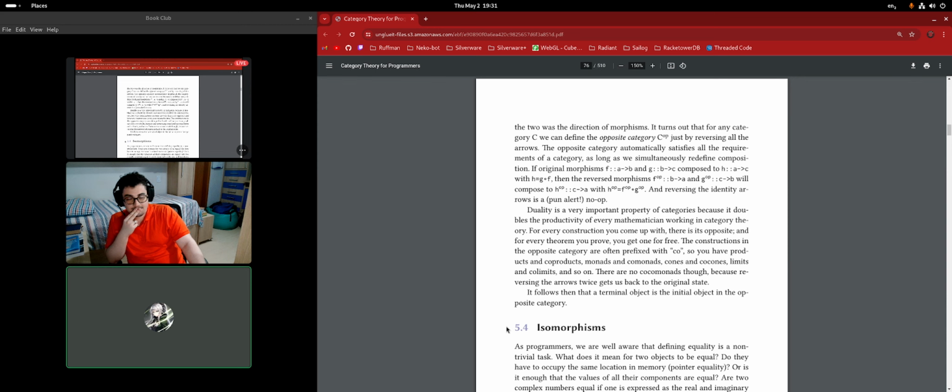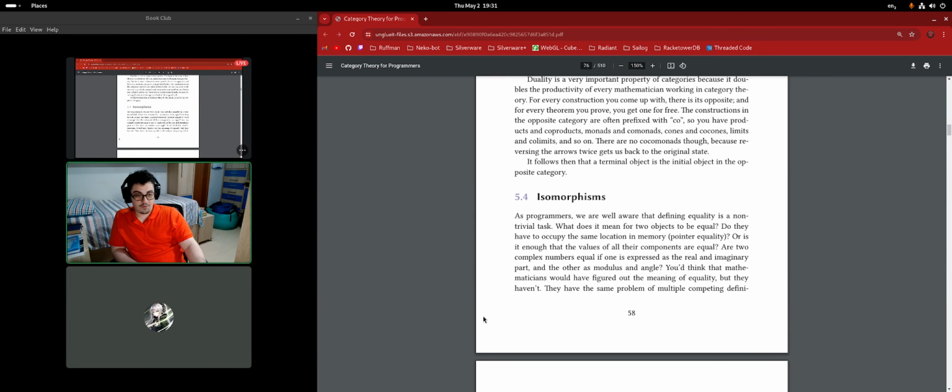Because he's using op to denote the inverse morphisms up there in the text. Ah, okay. I didn't notice that one. Sure. We're going to call the duality thing with the prefix co. So we're going to have products, co-products, monads, co-monads, cones, co-cones. But if you do co twice, that goes back to the original one. So co-monads is actually just monads.